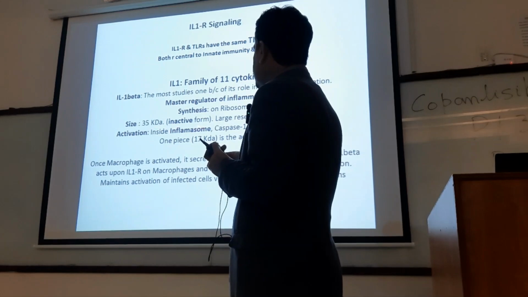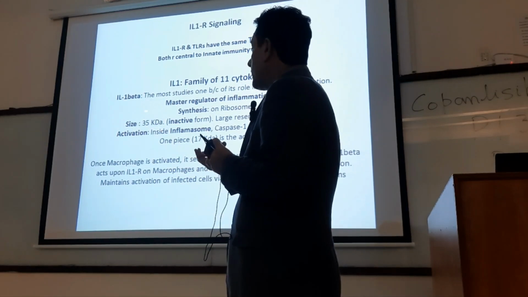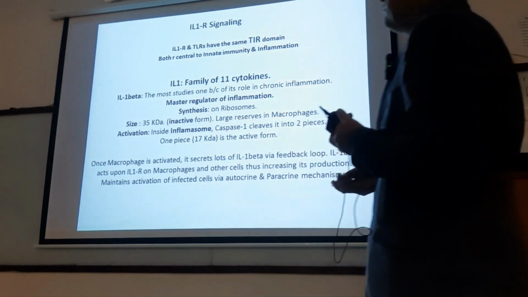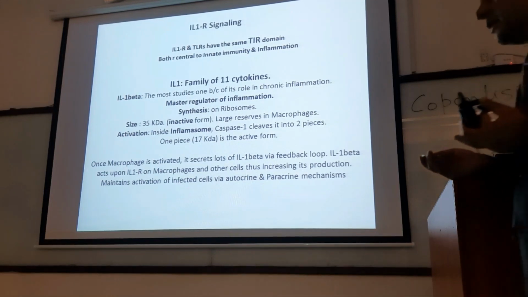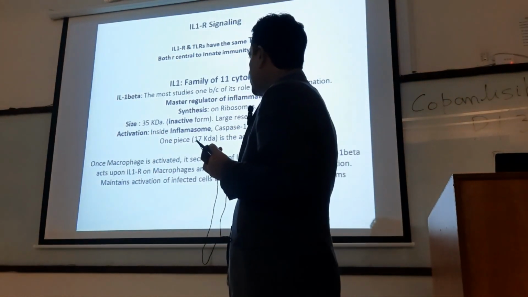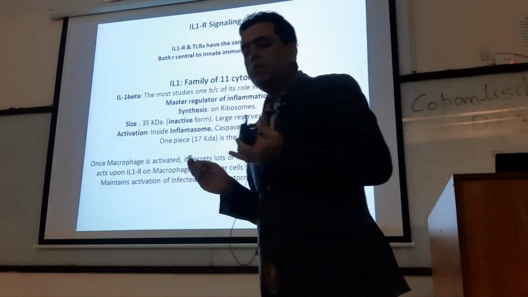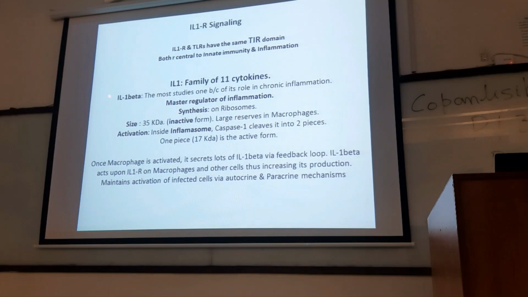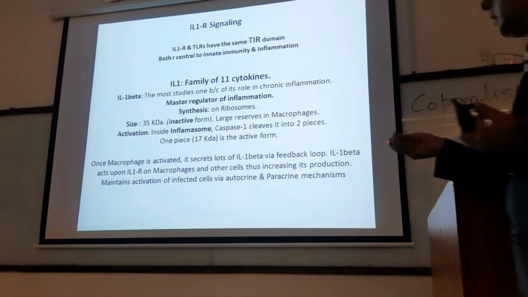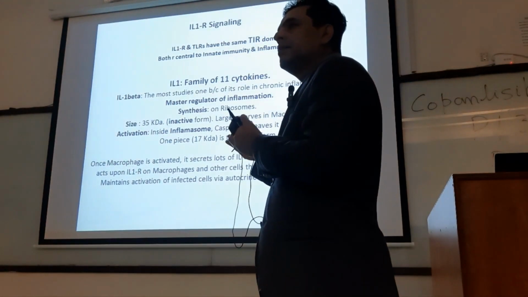So how is this molecule going to be activated? This activation is accomplished with the help of a special structure which is made inside the cell, and that structure is known as the inflammasome. The inflammasome is going to activate this particular interleukin 1 beta. There are different peptides coming together in the inflammasome, and one of those peptides is procaspase 1.